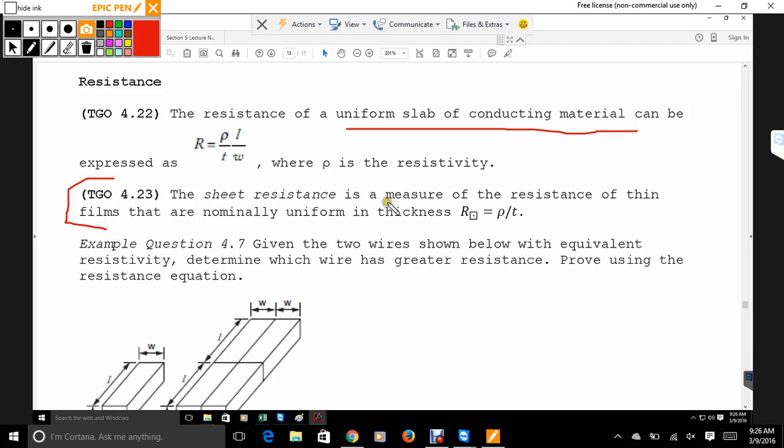The sheet resistance is a measure of the resistance of thin films that are nominally uniform in thickness. Sheet resistance, R sheet, is equal to that, and you can tell the units work out because length and width are going to cancel.